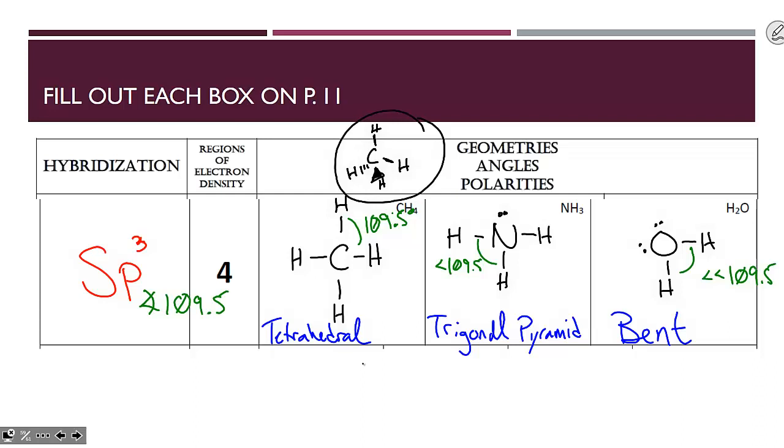Because when things come closer, they become more defined. If they're going away from you, they get blurrier, so things going away from you are shown as a dotted line. This is a way to represent two-dimensionally a three-dimensional concept. So if you're ever curious, that's what that represents. It's representing that tetrahedral shape in a three-dimensional way. We will talk more about organic compounds at the end of the year, but for right now, just for your edification.